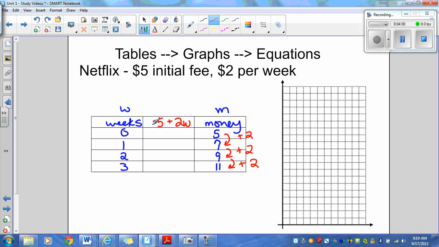W is the weeks, and the amount of money would be equal to M. So when you show the work, I like to show the original equation, and then literally take out the W and plug in the number of weeks you have. We had 0 for that first one, so 5 plus 2 times 0 does in fact give us 5.